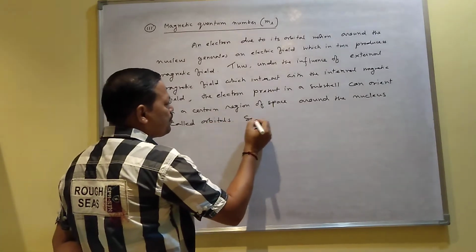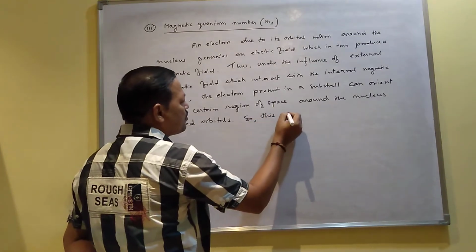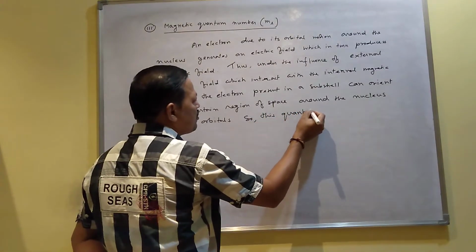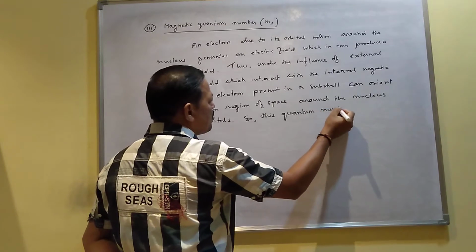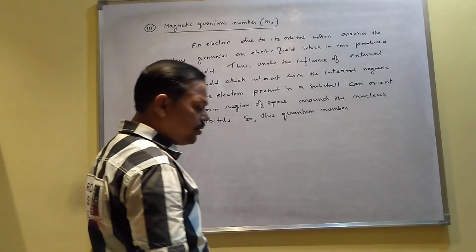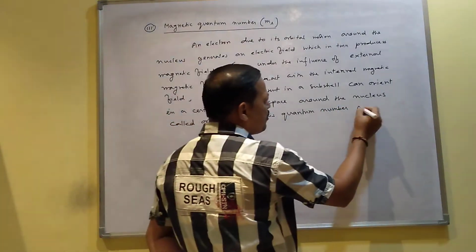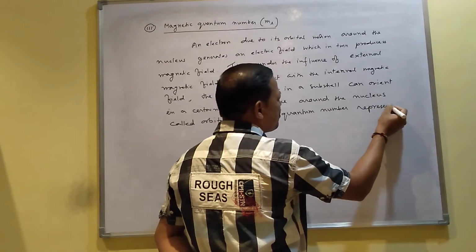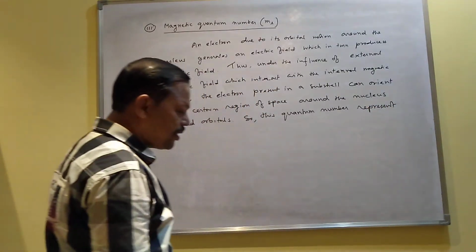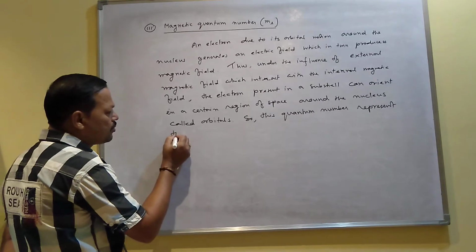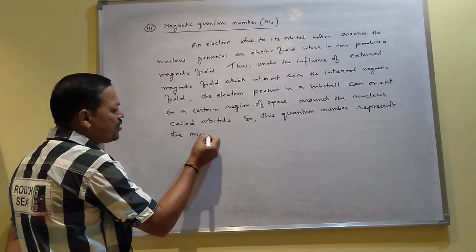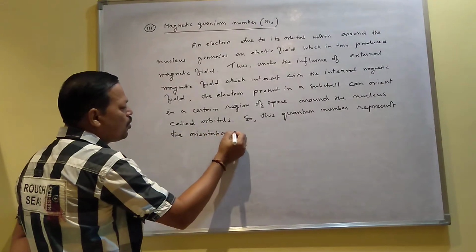So this quantum number represents the orientation of electrons.